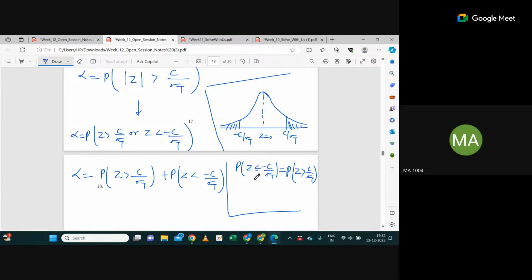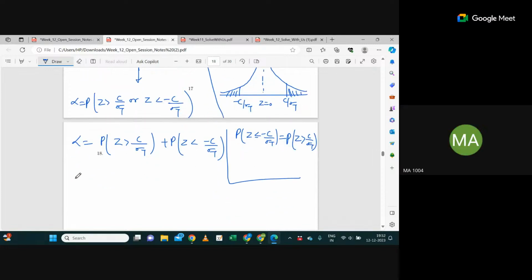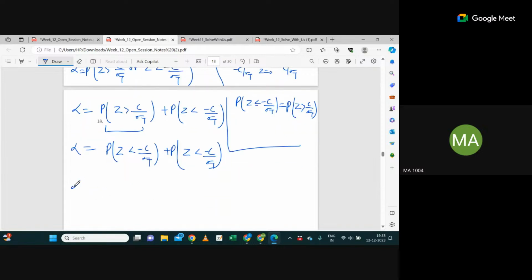Yes, sir. Okay. So I can replace these with probability of Z less than minus c by sigma t plus probability Z less than minus c by sigma t, and it will be alpha equal to 2 times probability Z less than minus c by sigma t.